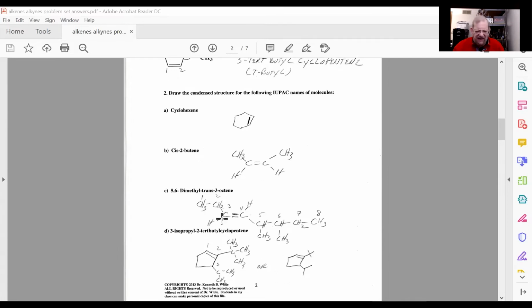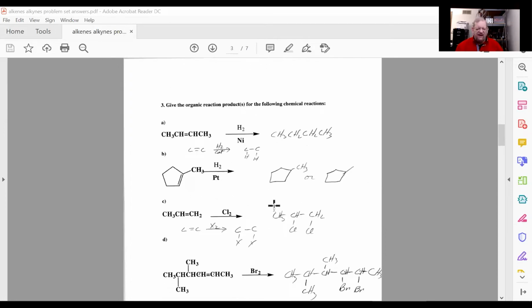I show my bond angle, which you need to show for cis or trans. And notice it's trans, so the hydrogens are on opposite sides of the double bond. 1, 2, 3, 4. This comes down here, 5, 6, 7, 8. Then I have methyl, CH3, di, and they're on carbons 5 and 6. And that's how you do it.